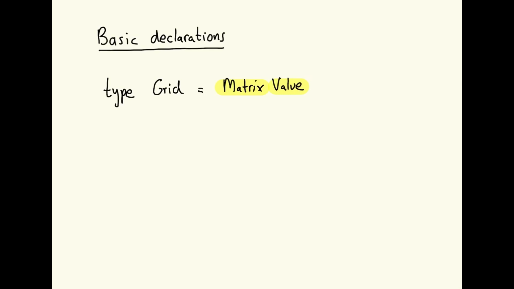Now we need to think, how can we declare a matrix type, and how can we declare a value type? For the matrix type, I'm going to make it a parameterized type. So we're going to have a matrix of type A, where A is the element type, or the component type, or the cell type, and a matrix is simply going to be a list of rows.